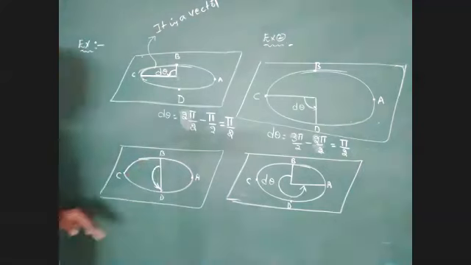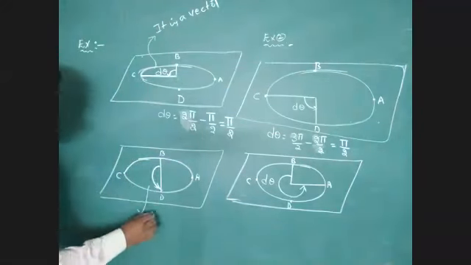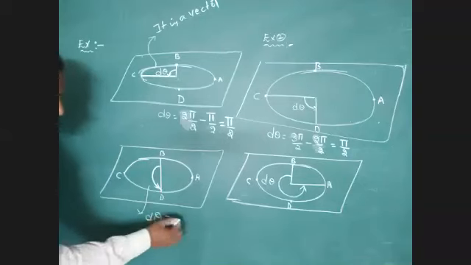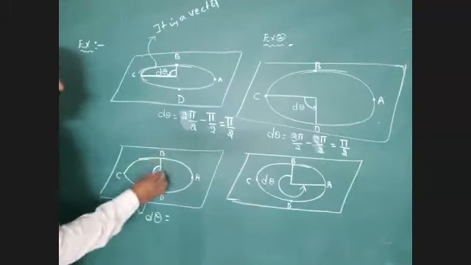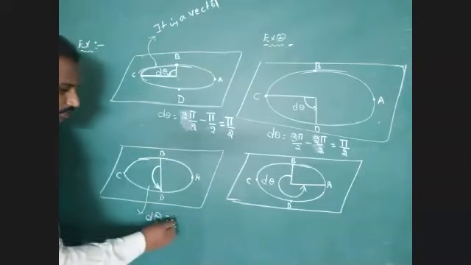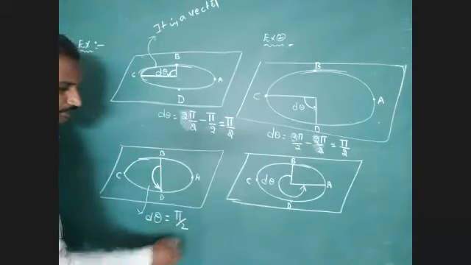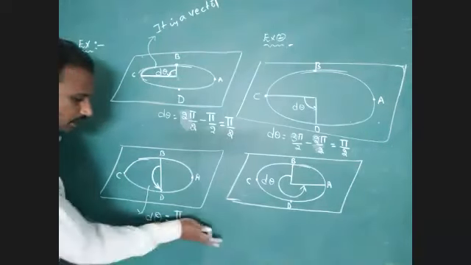Next one, find the angular displacement d theta. Initial angle of the radius vector: here 90 degrees, pi by 2.